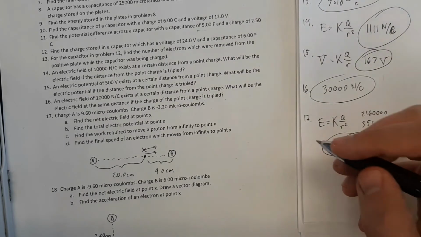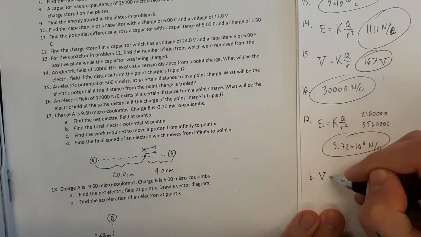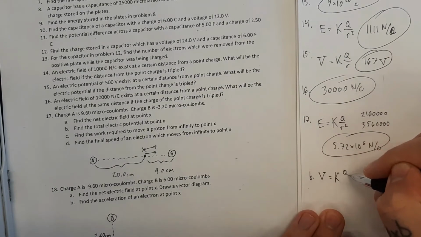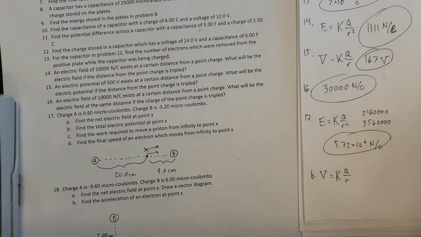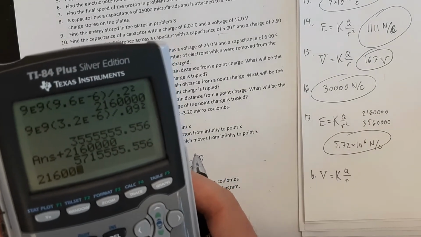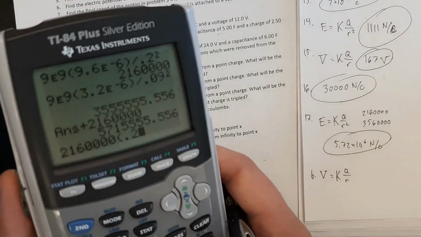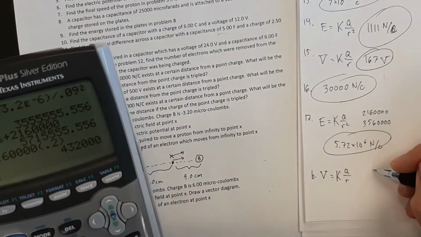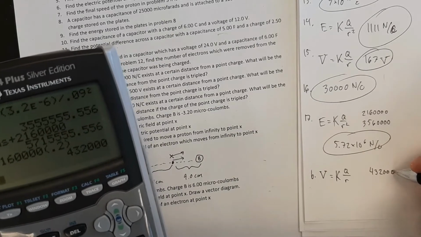Okay, so electric potential, that is just our voltage. So V equals KQ over R. I mean, we've got those two values up there, so we can just do 216,000 times our distance of 0.2. Okay, so we've got 4.32 times 10 to the 5th.